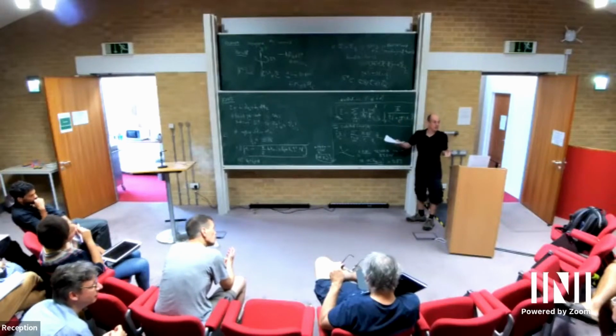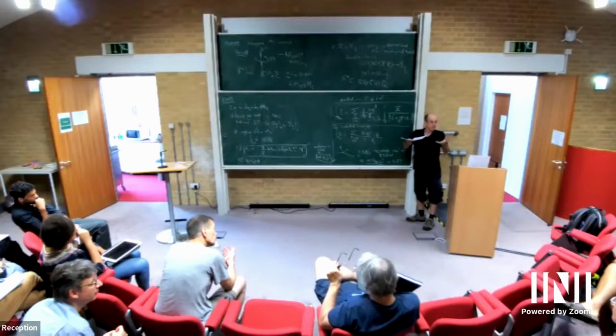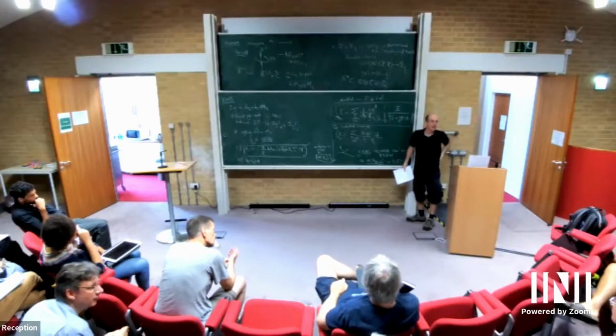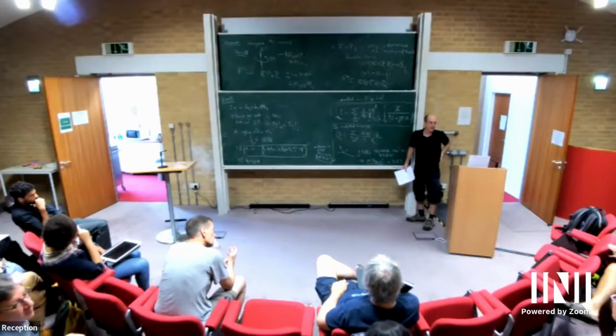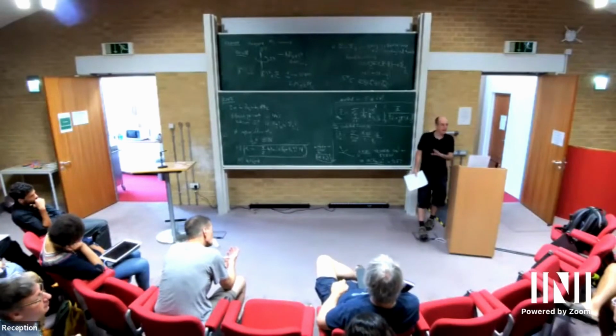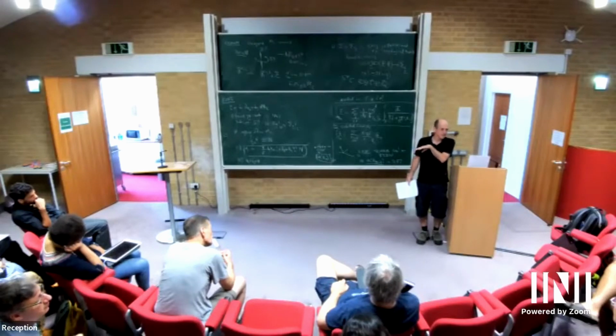Your configuration space is not just a manifold with these geometric structures, it's the space of all fields. I think this could be pushed a little further to get the 1/N effects, but it hasn't been done. Let me put it that way.